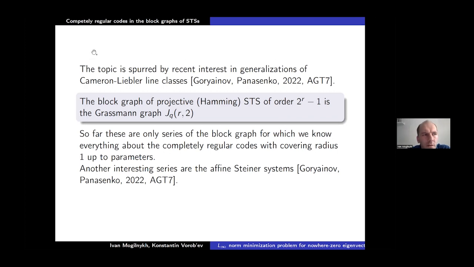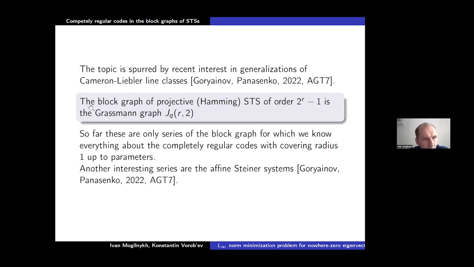So this topic is itself interesting from different points of view. It was actually already considered by Sergey and Dmitry when they had a talk at the previous AGT. Partially, the interest in completely regular codes of the block graph of Steiner triple systems is spurred by generalizations of Cameron-Liebler line classes.